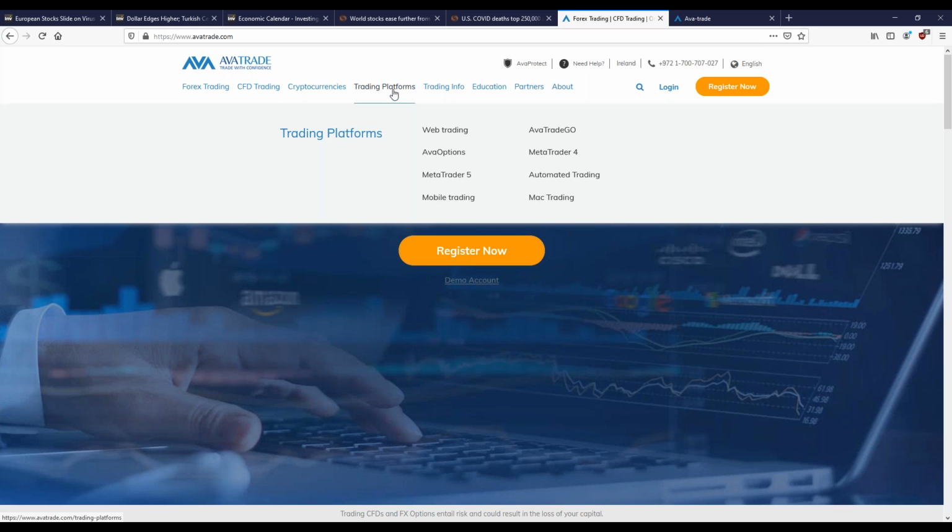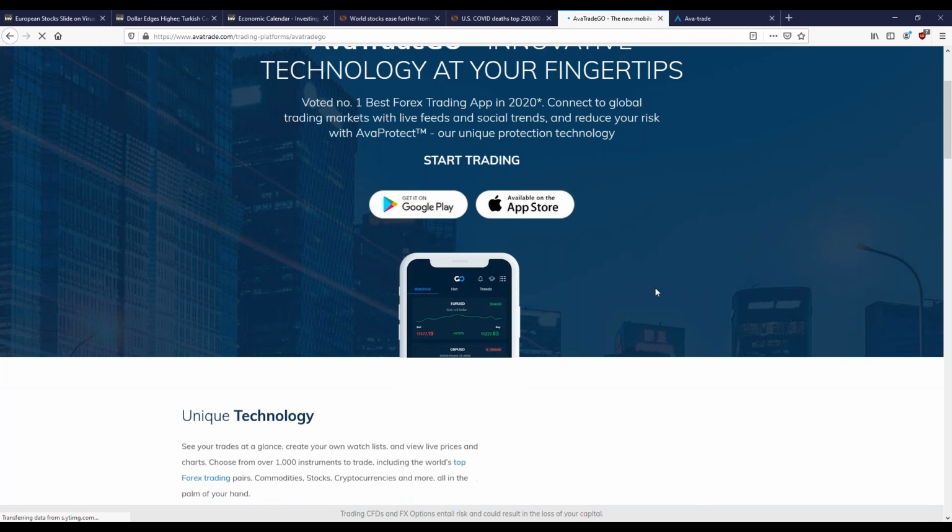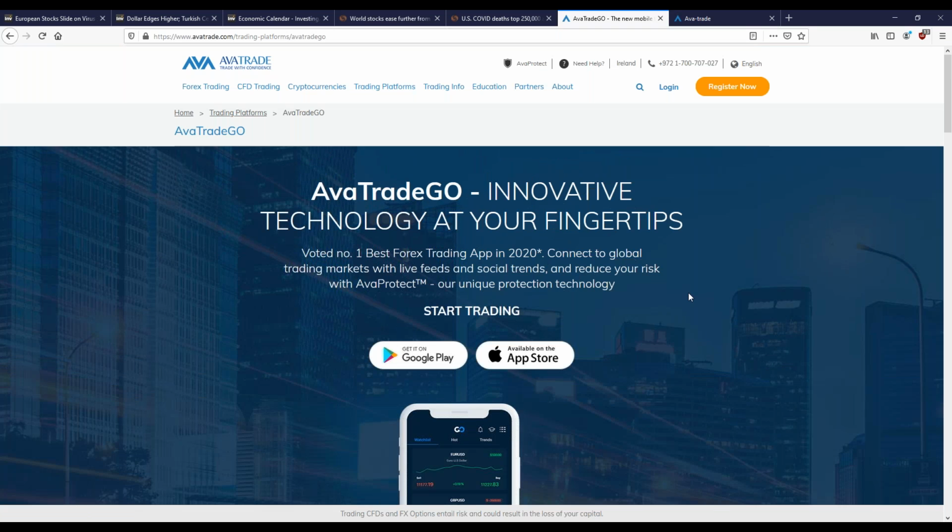If you go to trading platforms, you could check out AvaTrade Go. What's nice about AvaTrade Go is that it trades on your MT4 platform and your MT5 platform, but it gives nice improvements in terms of the app compared to the MT4 and MT5 mobile apps. So you can trade on those accounts using our custom-made mobile app.